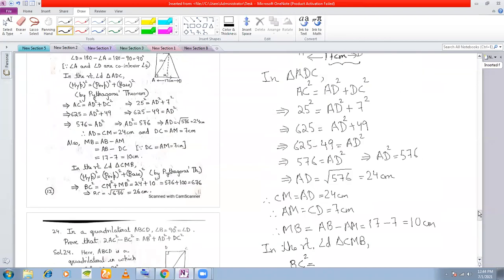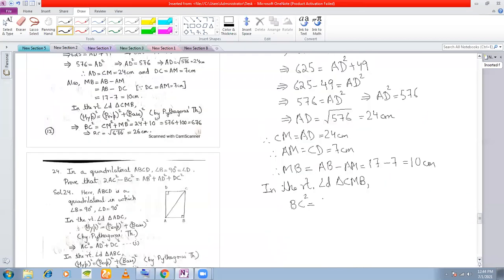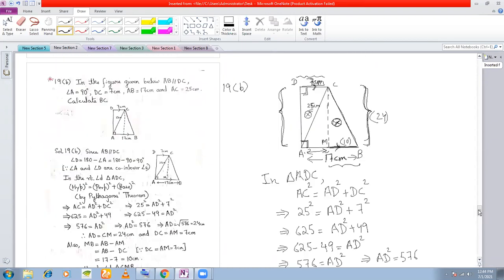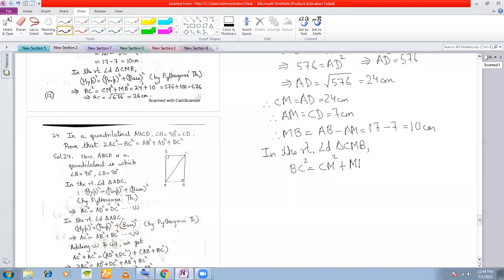Perpendicular here is the dotted line, which is CM, square, and the base here is MB, so MB square. Okay, put the values. CM we have here 24, put 24, and MB we have here 10, put 10. So this is 576 plus 100, which is equal to 676.